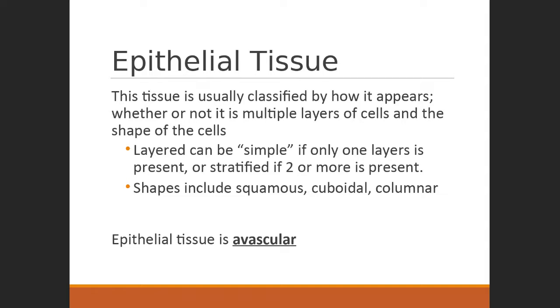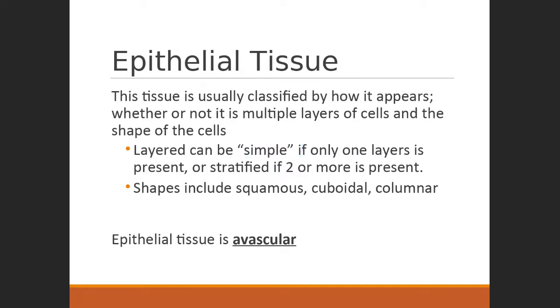So all you need to differentiate is there one layer or is there more than one layer? Those are your two options. If there's only one layer, we give that particular tissue you're looking at a descriptor of simple. If there's more than one layer, we call it stratified.